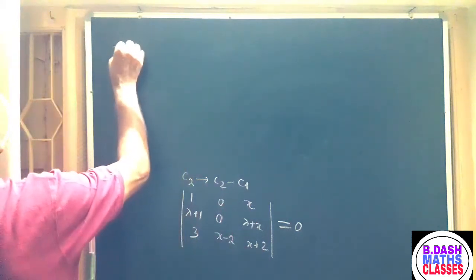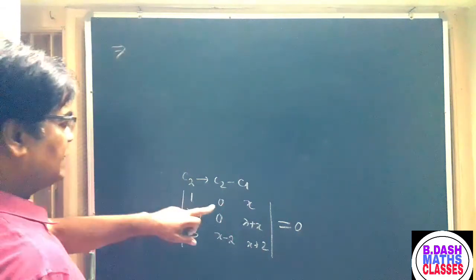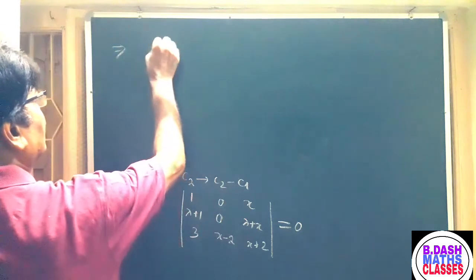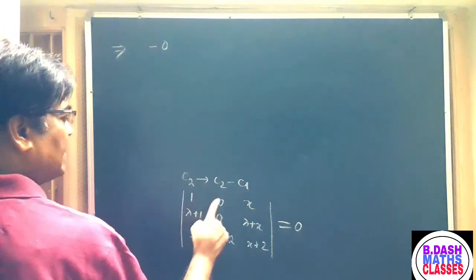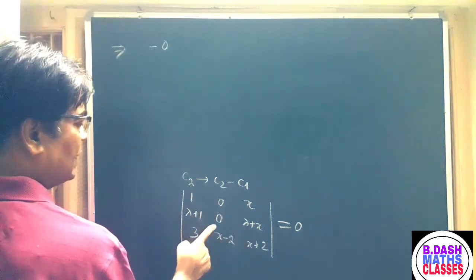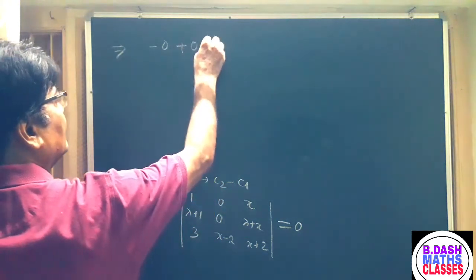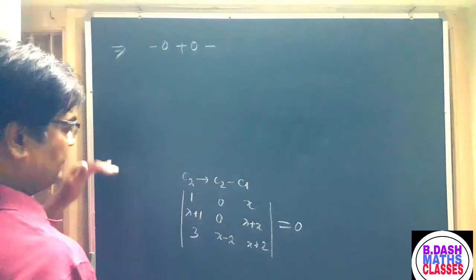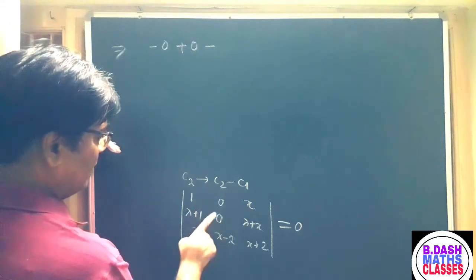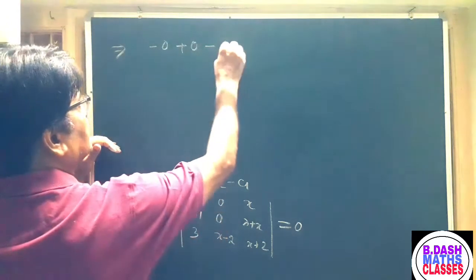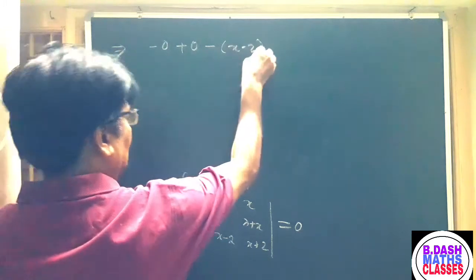So this implies taking the second column minus 0 plus minus plus minus plus minus minus 0 plus 0, then minus (x minus 2).